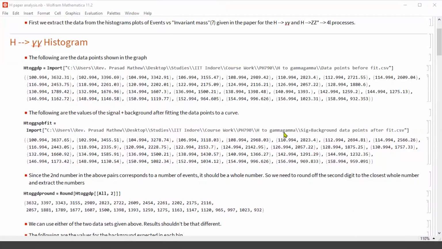Can you see this? Yeah, I can see this. Can you show from which graph you extracted this?